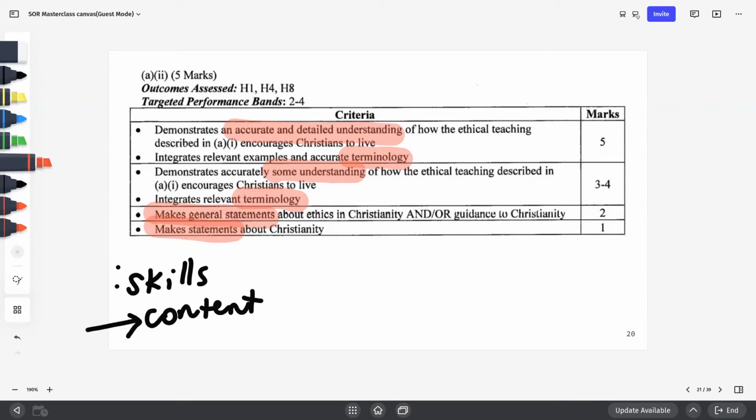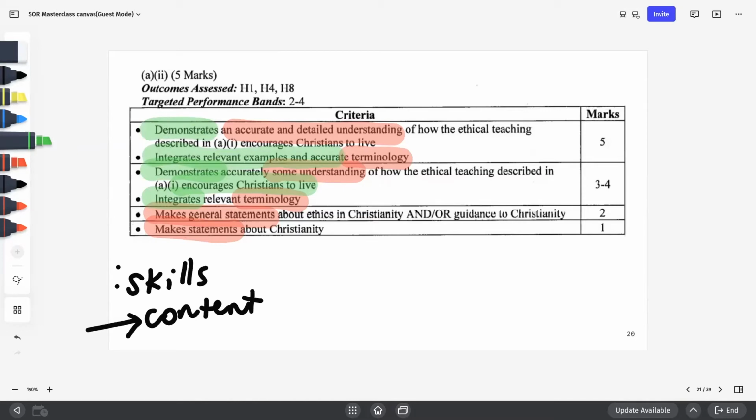But let's say that green is going to be our skills. You have to demonstrate it, and you have to demonstrate how it does this. You have to integrate terminology here. The same as this, you have to reintegrate relevant examples in terminology. You have to demonstrate here again this level of understanding in terms of encouraging Christians to live.